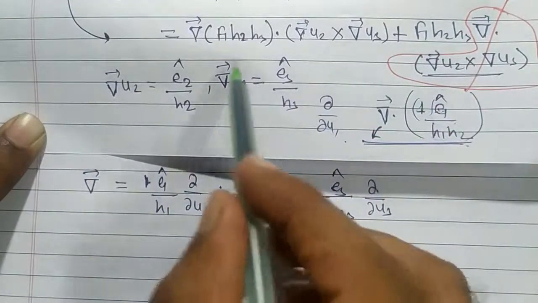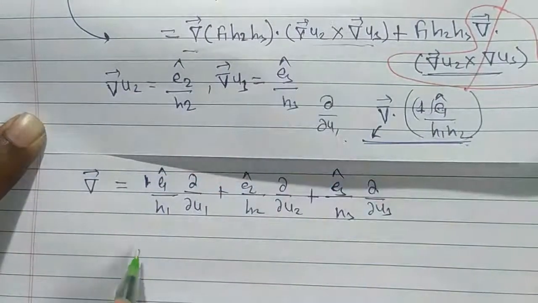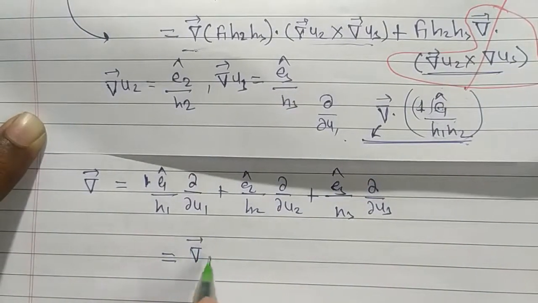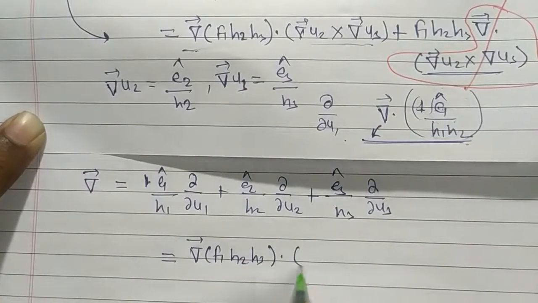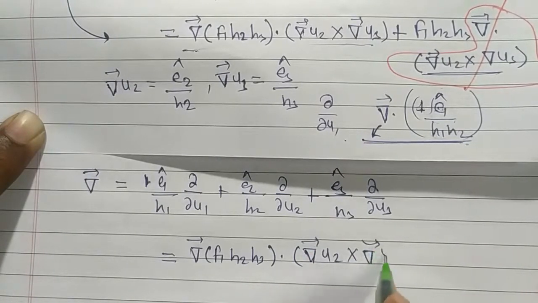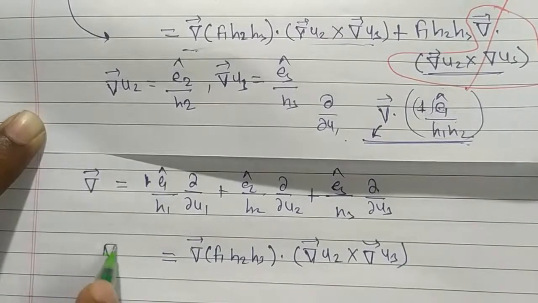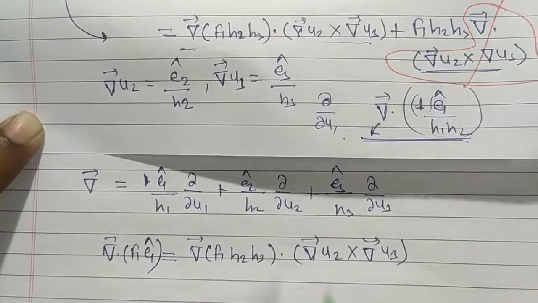Now I will carry this term as it is down, so this will be del bar f1 h2 h3 dot del bar u2 cross del bar u3. So this was for del bar dot f1 e1 cap. So I got this.